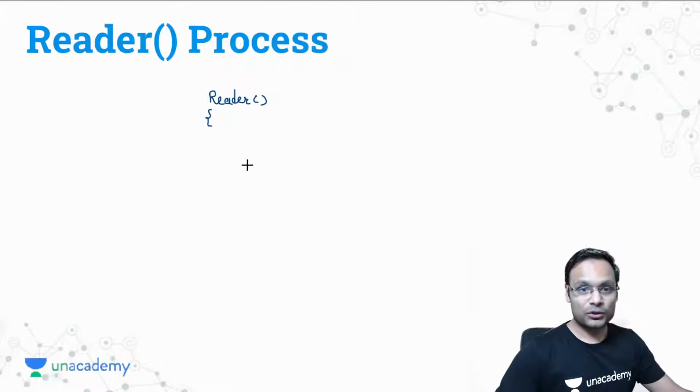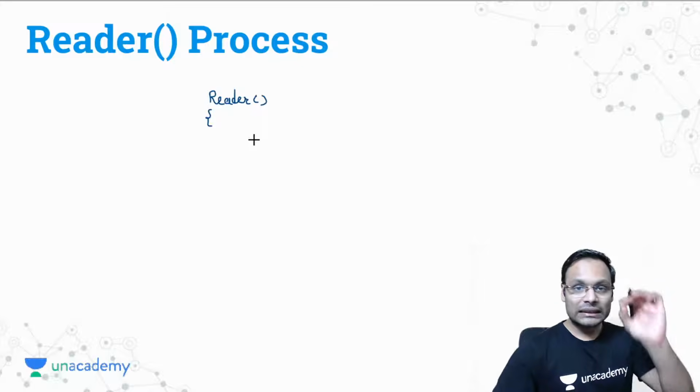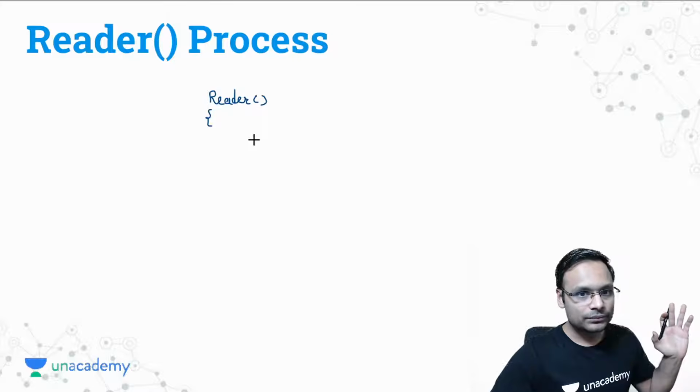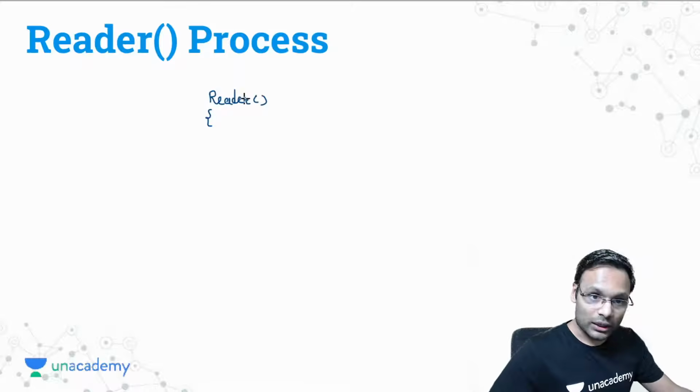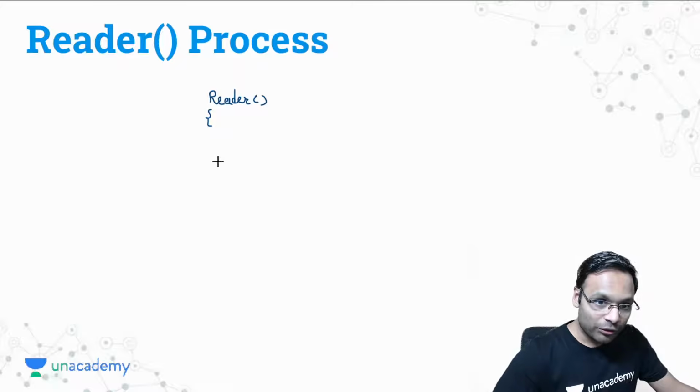In the reader process, we will first see the read count. If a reader process starts reading, first of all we will increase the read count. We have a read count integer. Yes, we will increase this read count by 1.